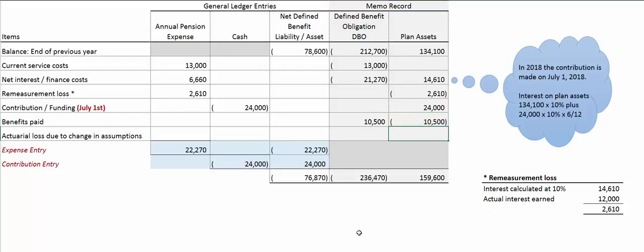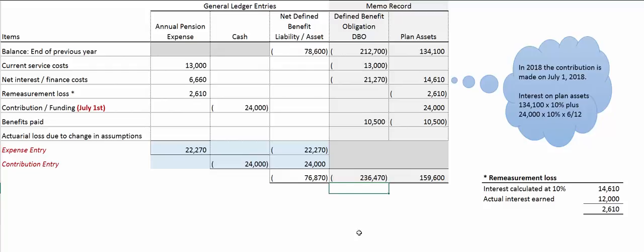So we've taken care of everything right now, except for one little wrinkle, and that's that the plan administrator has notified us that the actuaries have determined that at the end of the year, our defined benefit obligation is not the $236,470 that's shown there.